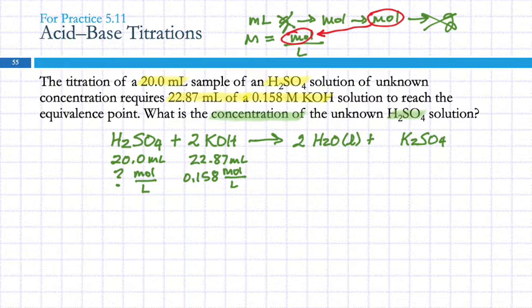The starting volume. We know we had 20 milliliters, and so we're going to need to convert that to liters, but that's not so hard. Okay? So we're doing stoichiometry, volume to moles, and then we're going to take that and divide by the volume of that acid solution and get the molarity.